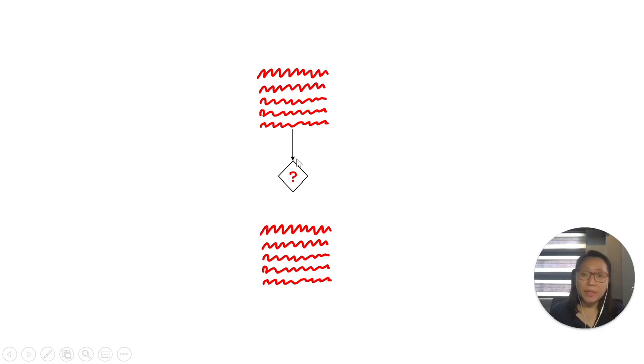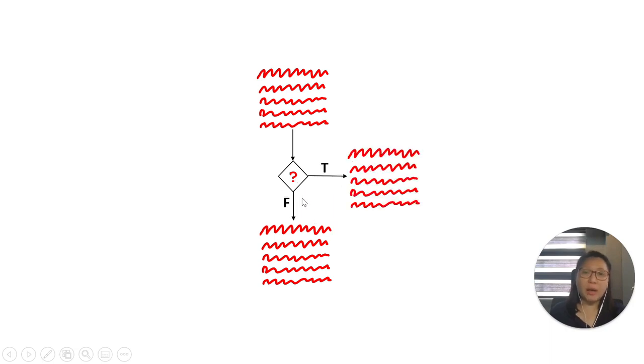And at the same time, along with this test, we add branching, because depending on the answer to this test, we branch out. For example, if the answer to this test is true, this block of code, or this group of code, which we also call a code block, will be executed. However, if the answer to this test is false, this code will be executed.